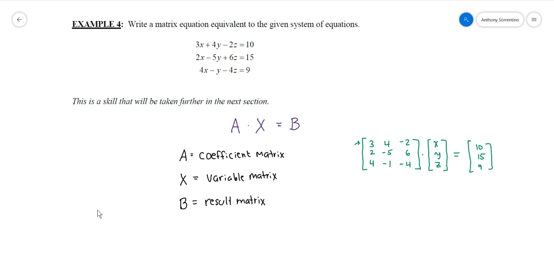Now, what eventually we're going to be doing with this is we want to be able to turn this into an equation where we just have x equaling something, and that's going to tell us what the variables are. So if I have x equaling x, y, and z, and I have a matrix over here with numbers in there, that means that x has to be whatever this number is here. Y has to be whatever this number would be here.